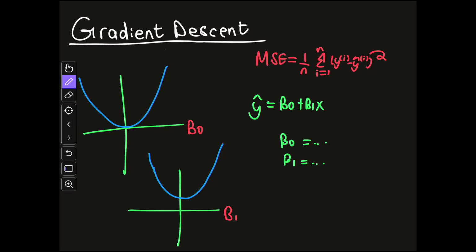What we would do is find the derivatives of these functions and set them equal to 0. That means I want the value of beta naught that minimizes this error, which is this value. It's based off of the formula, which is derived from setting all of the derivatives equal to 0.